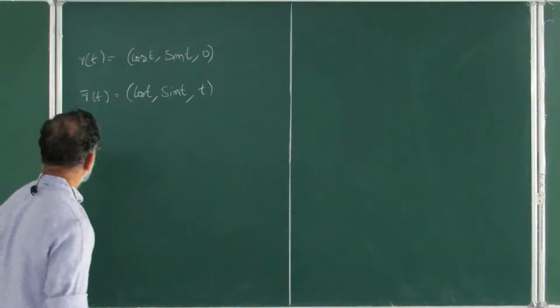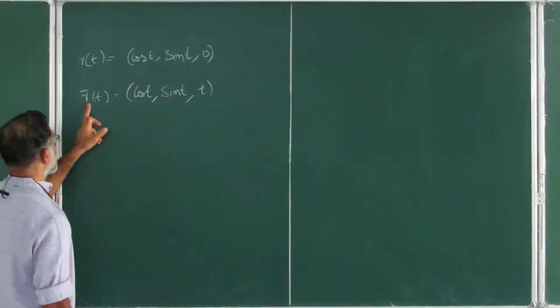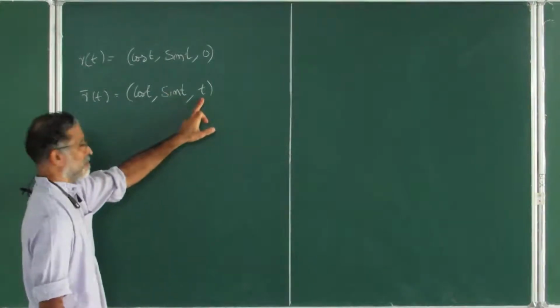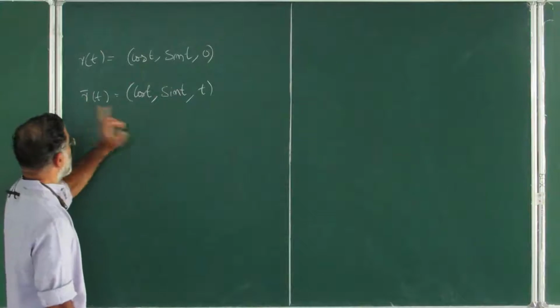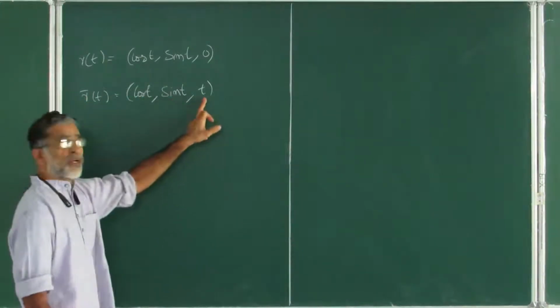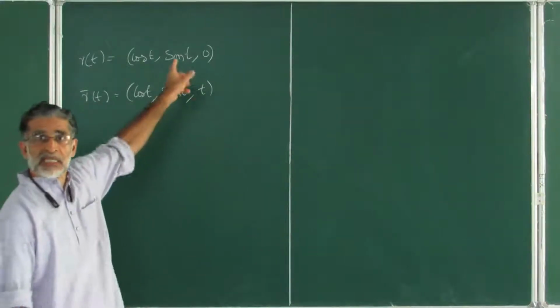Curvature is going to be 1. What about here? You take the tangent vector derivative, you get (minus sin t, cos t, 1). Let's take the second derivative, you get (minus cos t, minus sin t, 0). The norm is 1. So this will also have the same curvature as that.